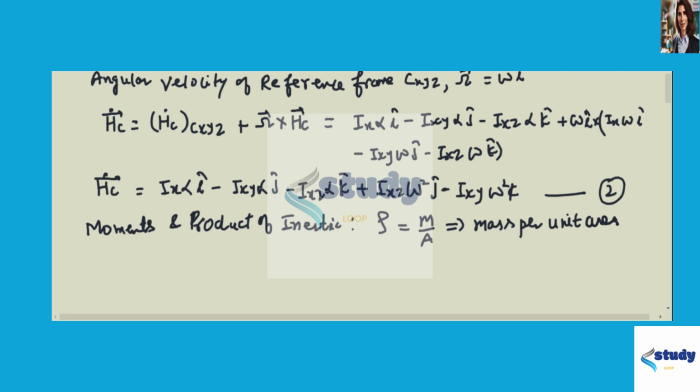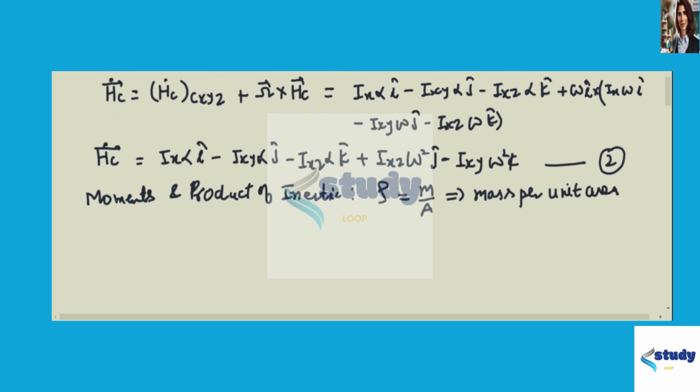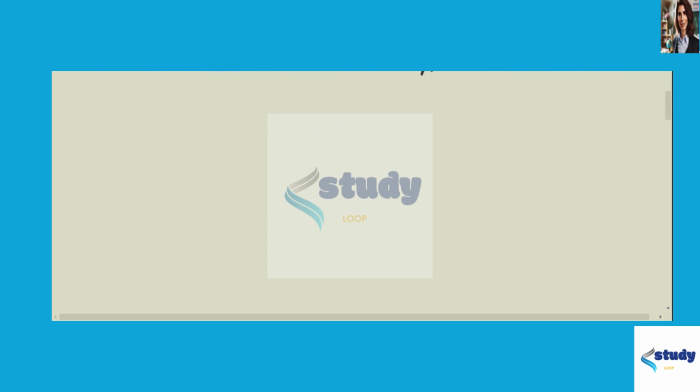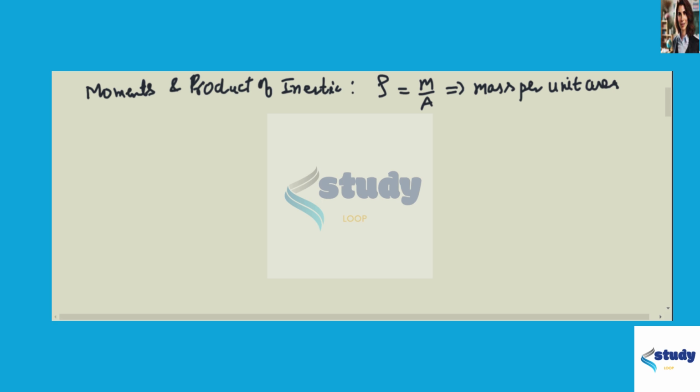Here we will construct the table with X-axis, Y-axis, Z-axis, assembly 1, assembly 2, assembly 3, and assembly 4.